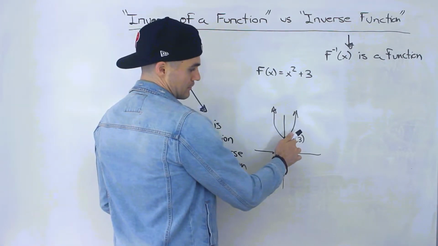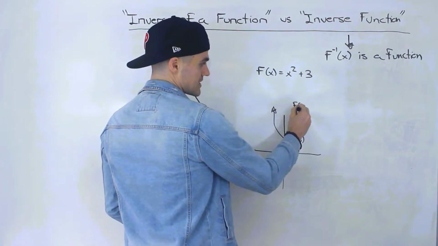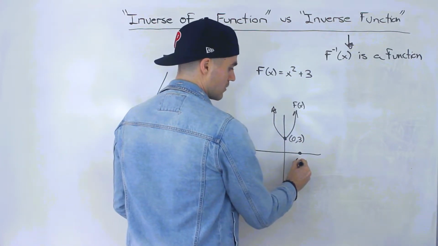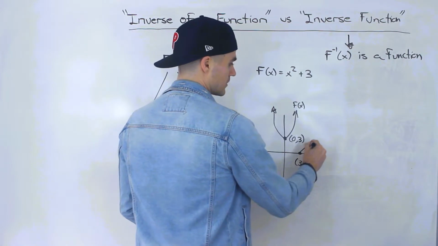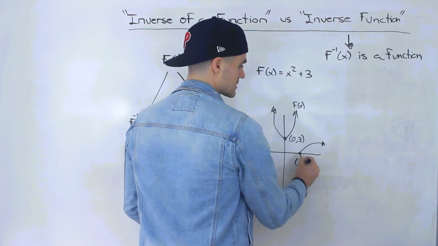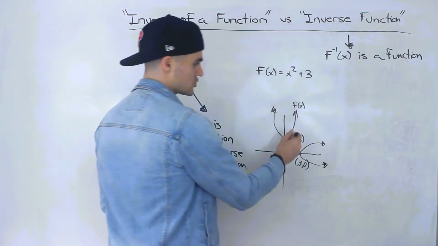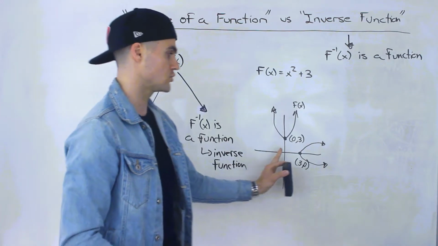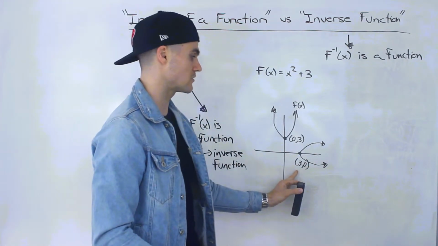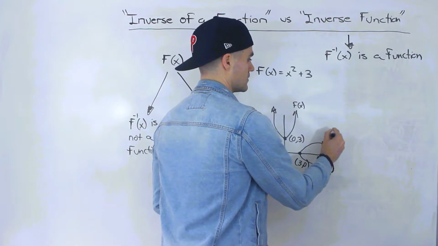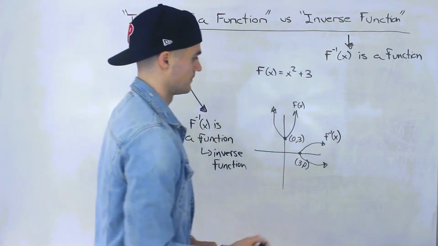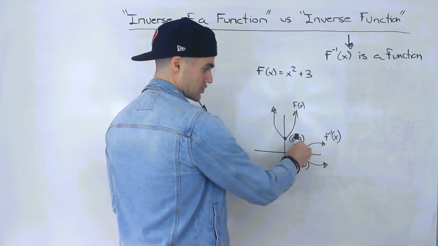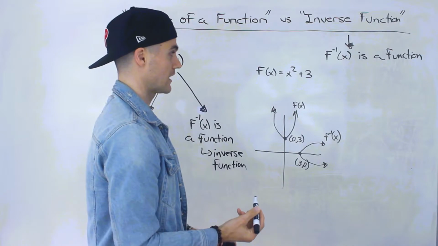The vertex of the function f of x is (0, 3), so the inverse is going to have a vertex at (3, 0), and it's going to be facing this way. Because the range of the function is greater than or equal to 3, the y value of the vertex, the domain of the inverse is going to be greater than or equal to 3. So this is the inverse here. Notice that this inverse is not a function because it's failing that vertical line test.